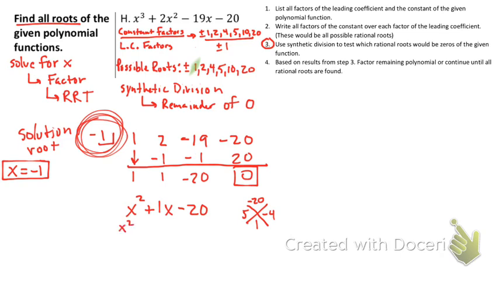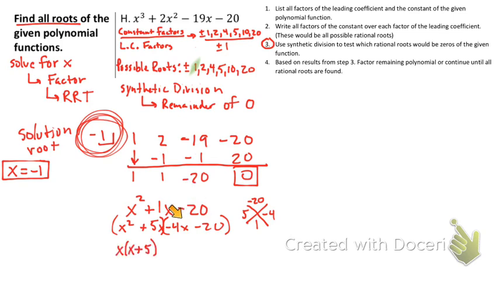x squared plus 5x minus 4x minus 20. We split the b here, and then we're going to factor by grouping. So I'm going to group these two and group these two. My GCF for this guy is going to be x. So we got x plus 5.